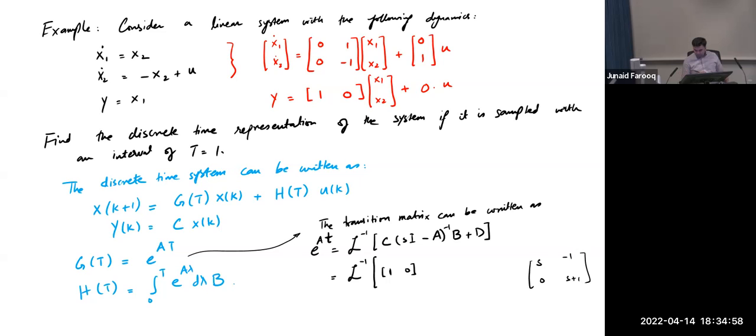So the inverse will be 1 over s plus 1 times s plus 1, s, 0, and 1. Right, hopefully I'm doing it correctly. And then the B is 0, 1, and then there's no D here.